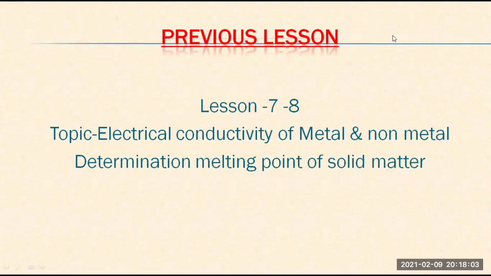If we need electricity to pass from one place to another place, definitely the electricity needs two different types of charge: one is positive charge, another is negative charge. Without this positive and negative charge, there is no way to pass the electricity from one place to another place.